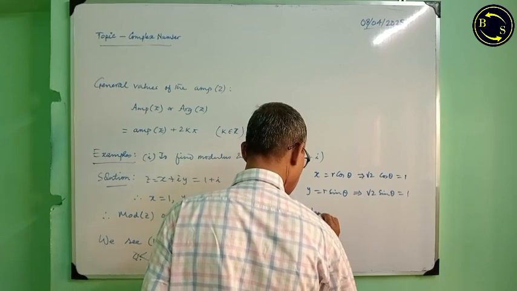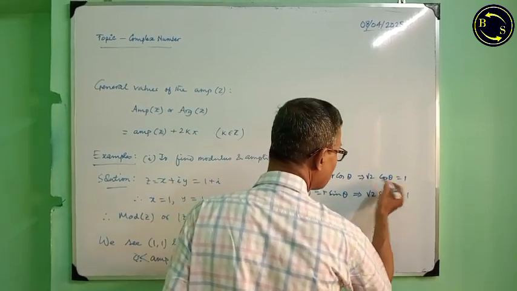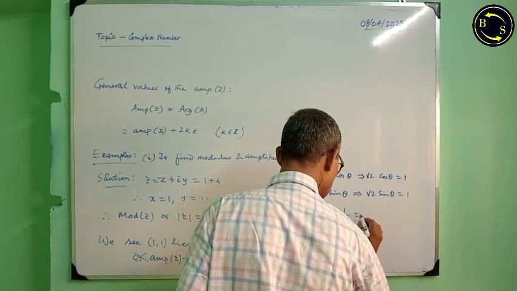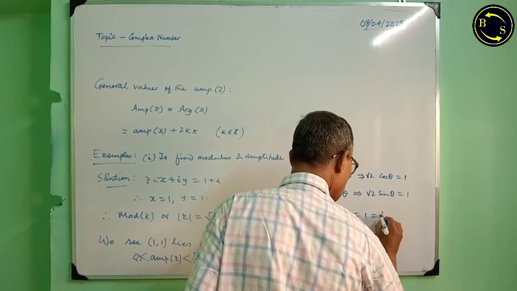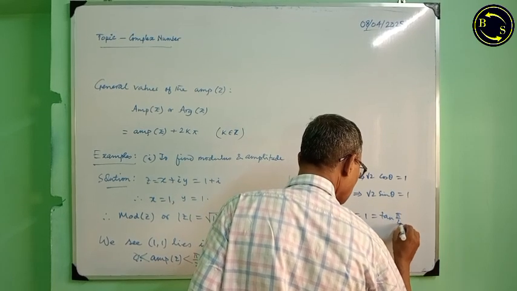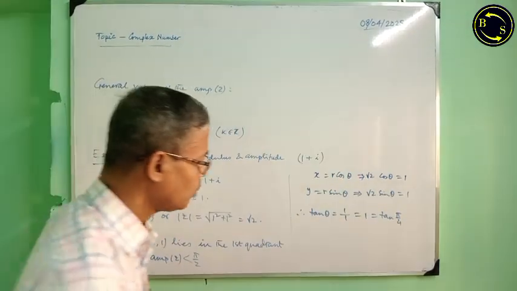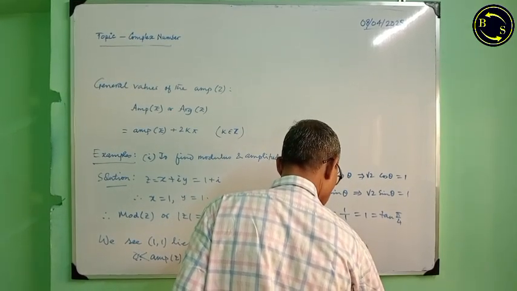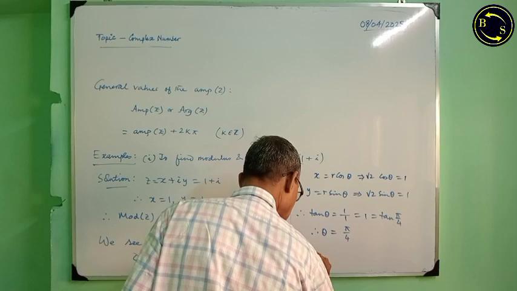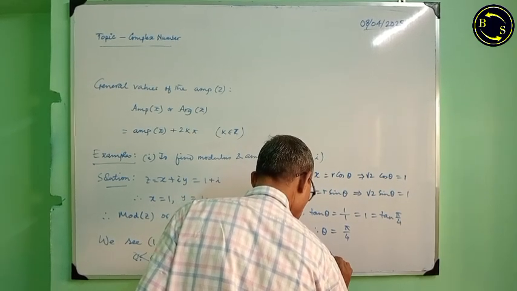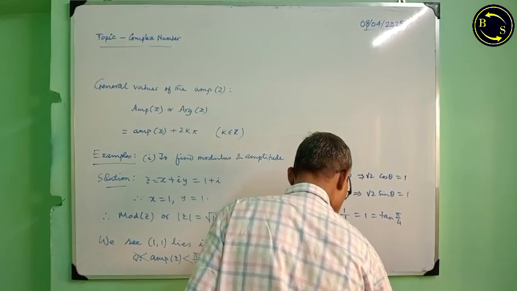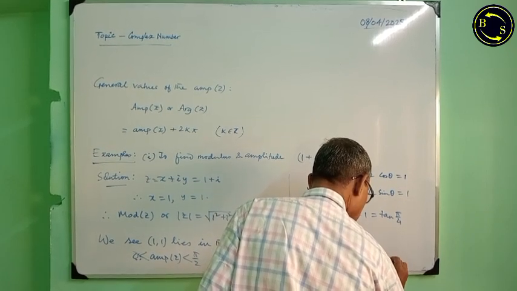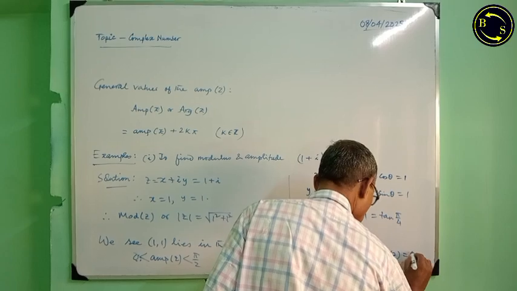Therefore, if we divide this by this one, then tan theta will be equal to 1 by 1, that is 1, which is tan pi by 4. Therefore, theta equals pi by 4. Finally, modulus z equals root 2 and amplitude z equals pi by 4.